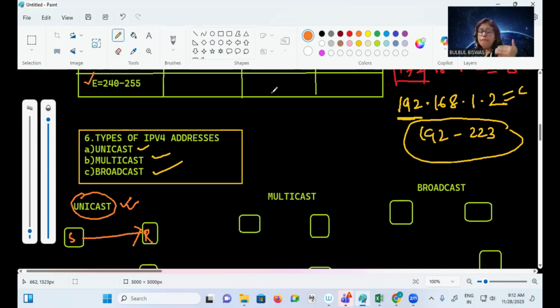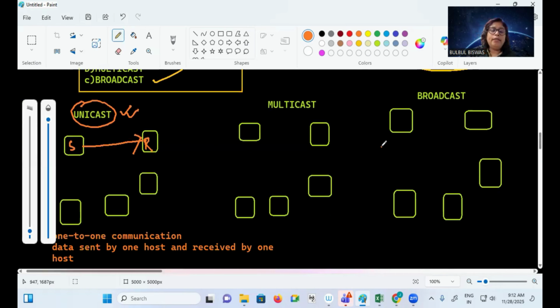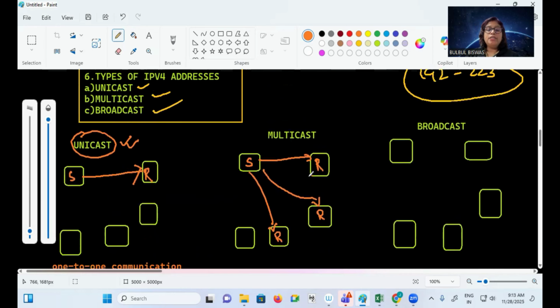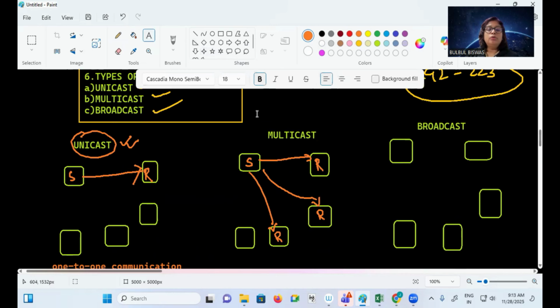If I go for the next, that is multicast, what is it? Suppose in a network there is a machine that is the sender, and this machine is sending data to multiple devices. Multiple devices are receiving the data, but it is not sending the data to every device. This type of communication is called multicast. So multicast means 1-to-many communication. Am I clear, everyone?